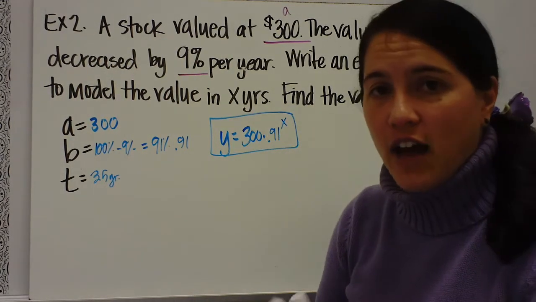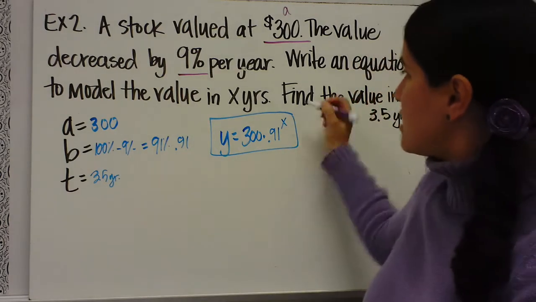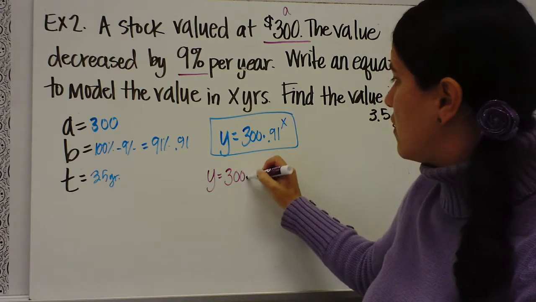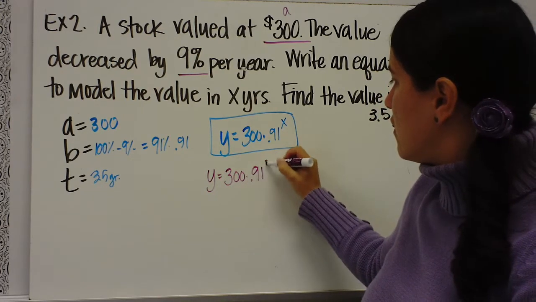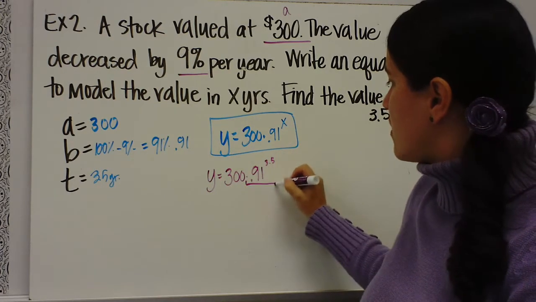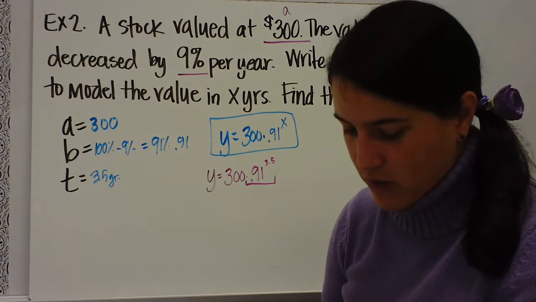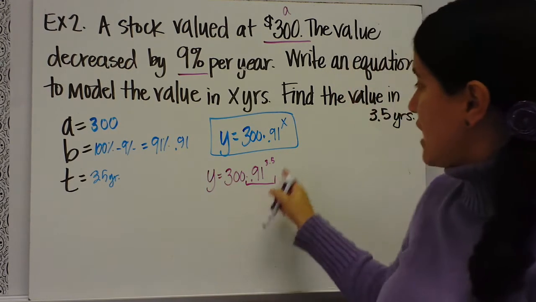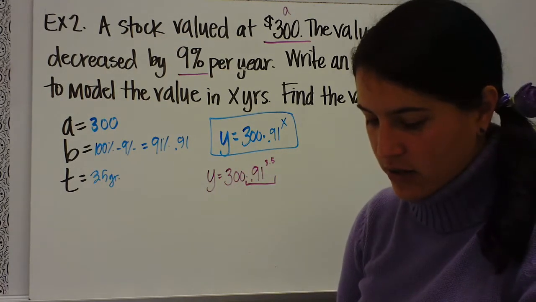To find the value at 3.5 years, you would substitute that in for your x. You would do this value first, so 0.91 to the 3.5 power times 300.